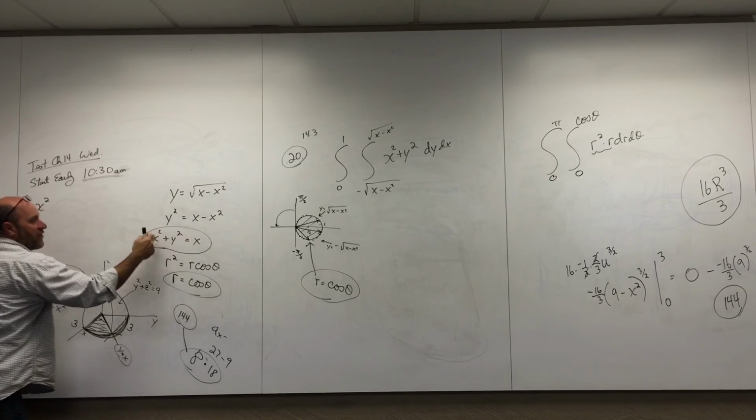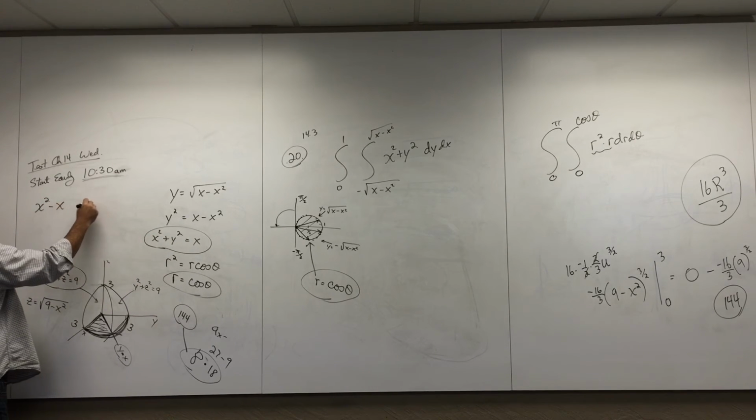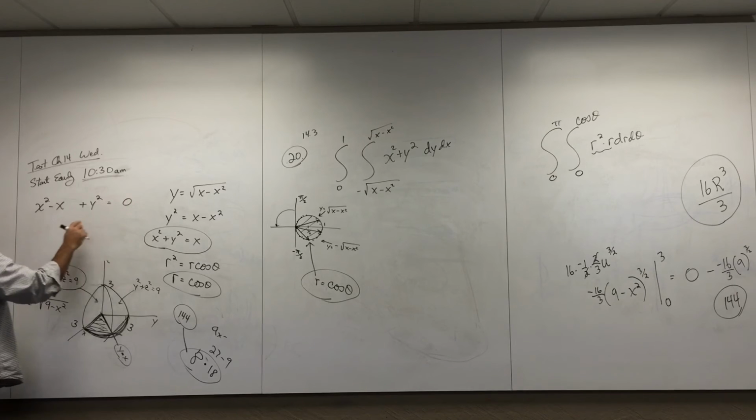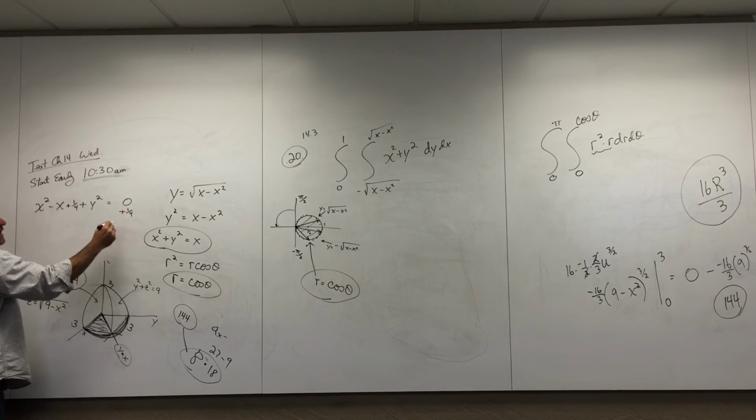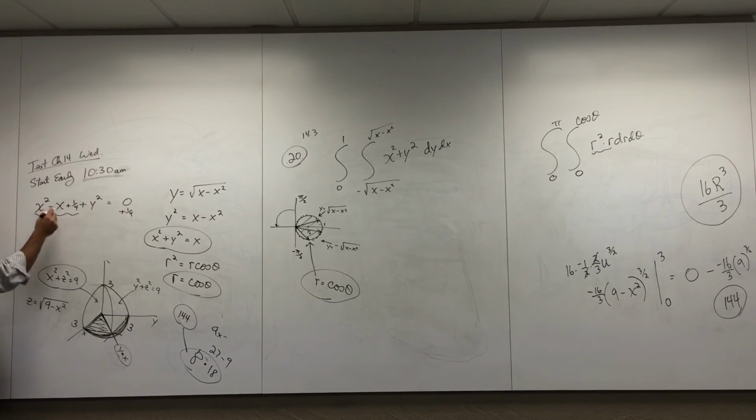You move this x over here, and you complete the square. You find half of this number, which is a half, square it. So you add a 1/4 right here to complete the square. Well, you better add a 1/4 to the other side. Now this is a completed square.